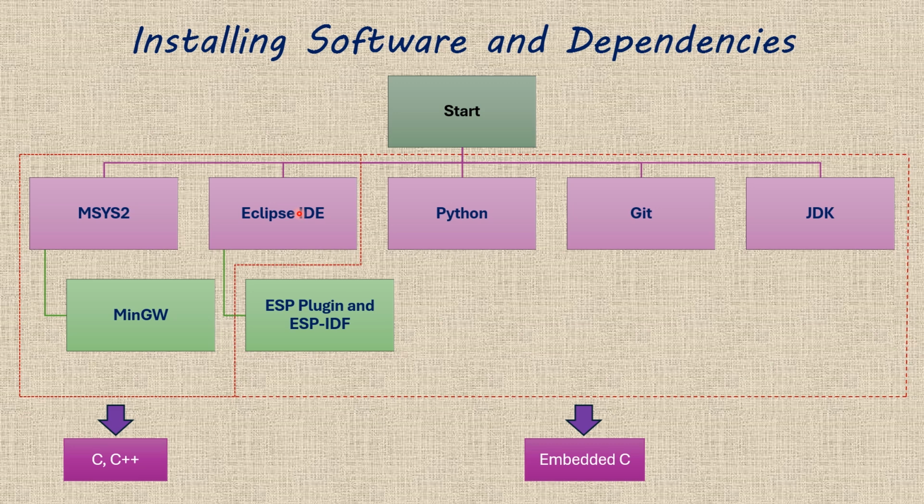We can use Eclipse as a C or C++ IDE. MinGW-w64 is an advancement of the original MinGW.org project, created to support the GCC compiler on a Windows system. These three software are categorized under C or C++.